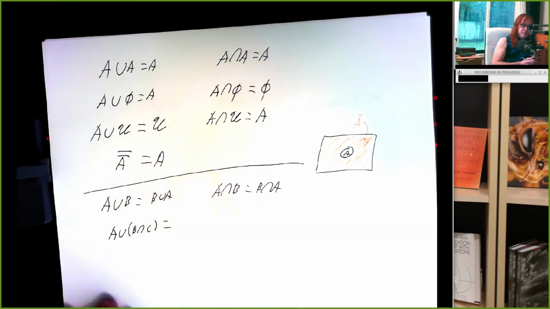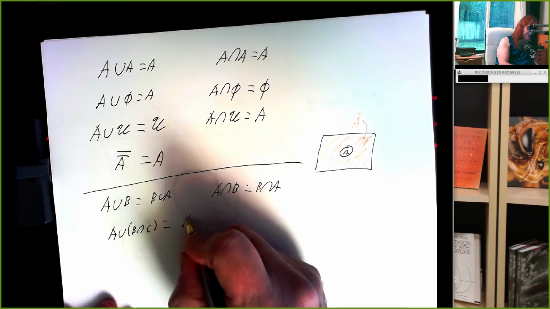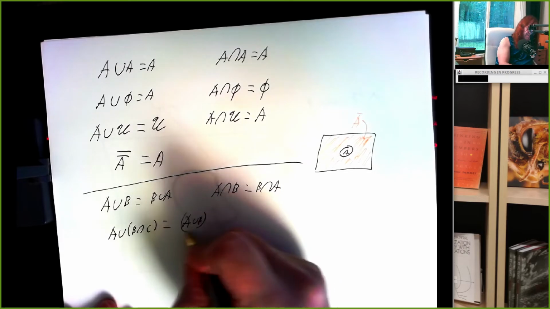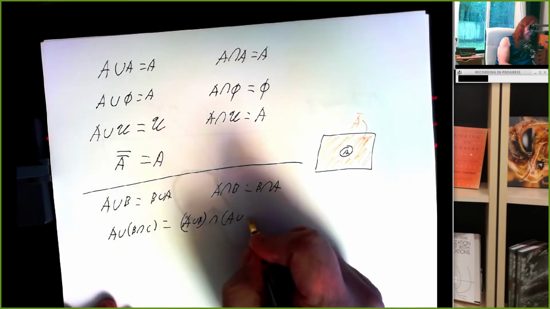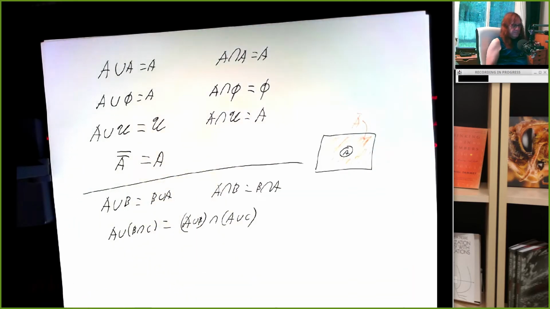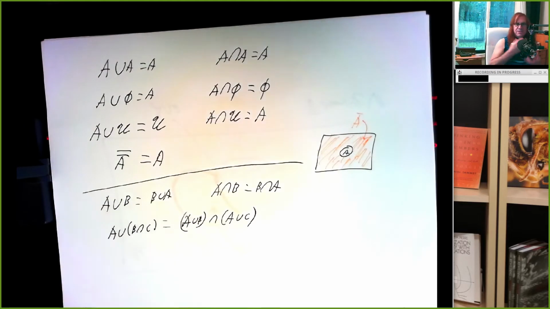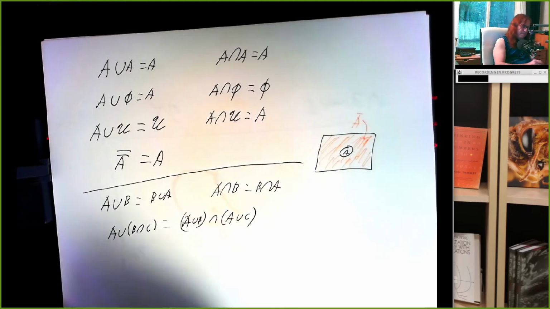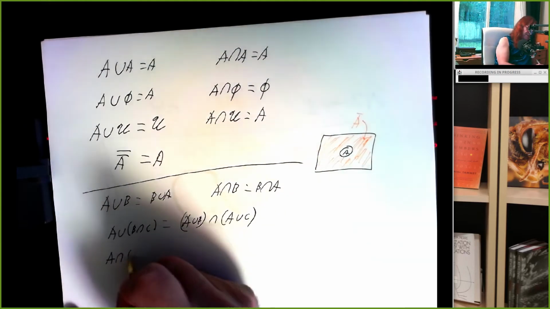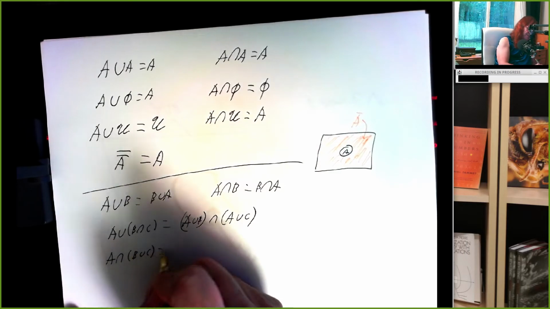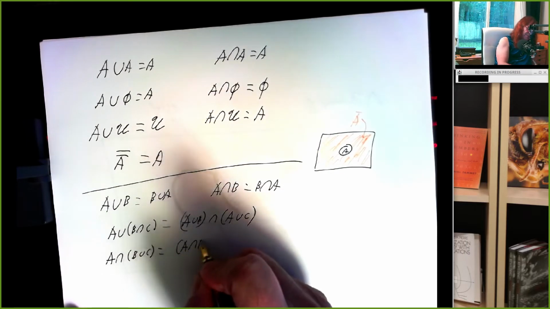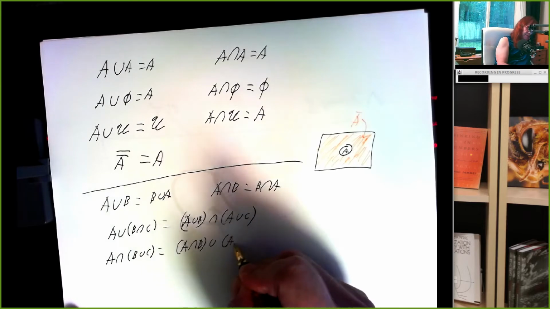We can distribute: A union (B intersect C) is the same as (A union B) intersected with (A union C). So if we thought of this as plus and this as times, this is distribution from algebra. And similarly, A intersect (B union C) equals (A intersect B) union (A intersect C).